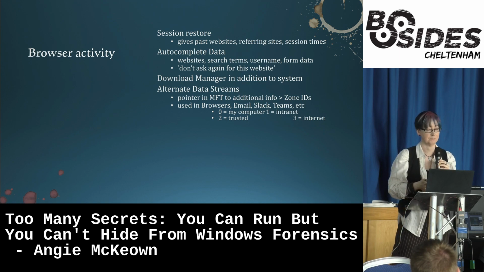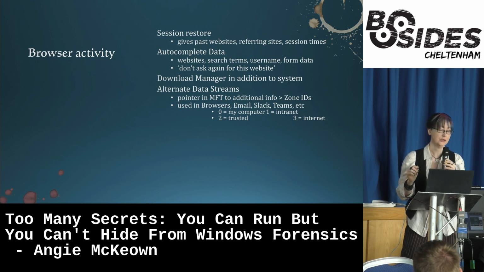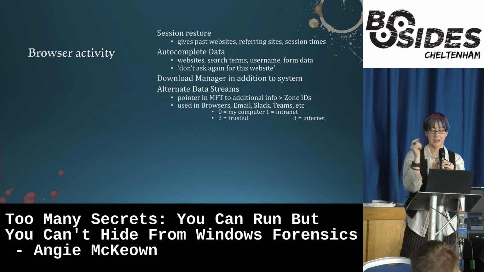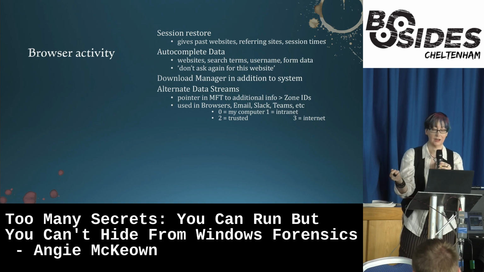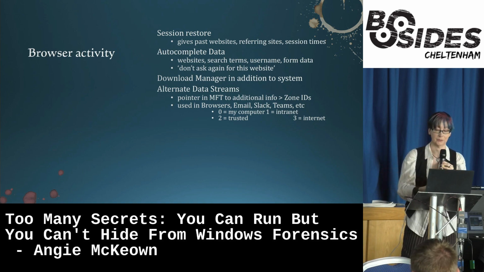And this is the thing that when the Office doc pops up to say, hey, you downloaded this file, are you sure you want to enable editing? This is the thing that how it knows where it came from. And that's an easy way then for investigators to prove where a file came from.